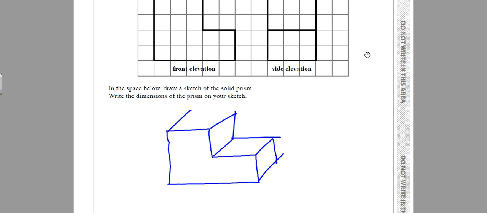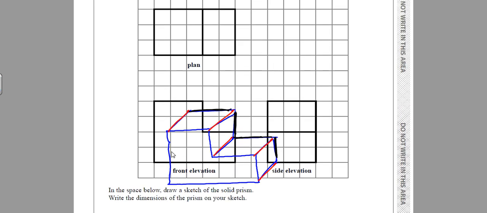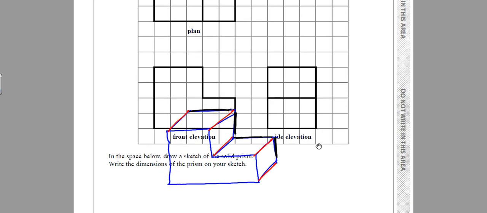So whenever you're drawing 3D, all of my red lines here should go out at the same angle. And then the lines that connect those, which are the black lines here, should go just horizontally and vertically. And there we go. Now we've sketched it, what it looks like from the side. And if we have a look at what that looks like from above, yep, that's fine. From the side, looking this way, yeah, that's fine.